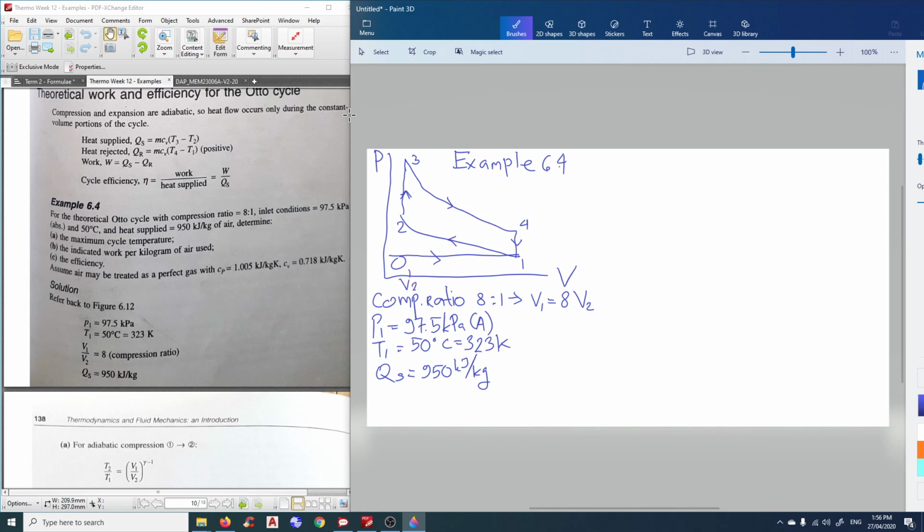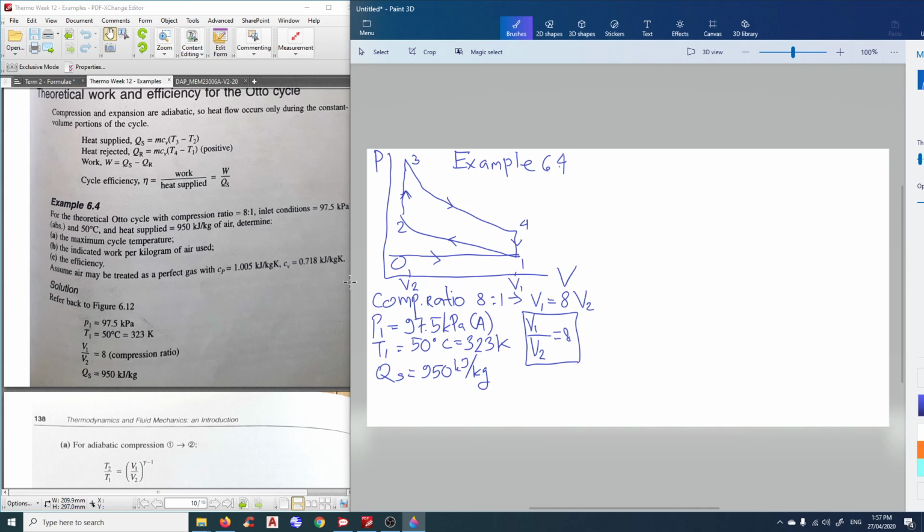So the volume at 2 is 8 times smaller than V1 because it's being compressed that way. We arrange this expression as V1 over V2 equals 8. So this is our expression, and we're going to save it for later.